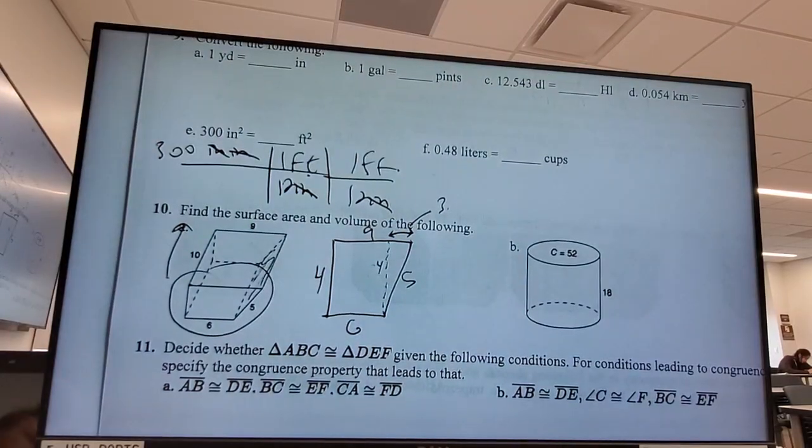Yes? So I really want this to make sense. To get this surface area, I would do 5 times, where do you go? Yeah, 5 times 10. To get this one, I would do 9 times 10. To get this one, I would do 4 times 10. And to get the bottom, I would do 6 times 10. So if I do the perimeter times the height, I'm doing all of those at once.